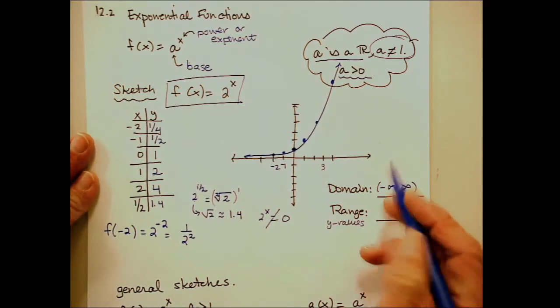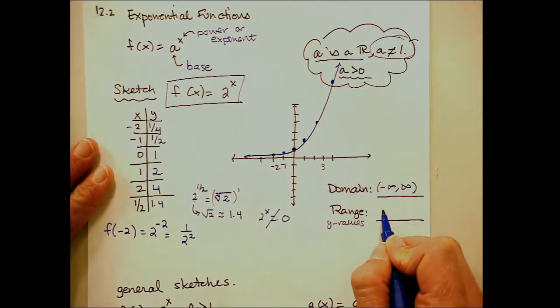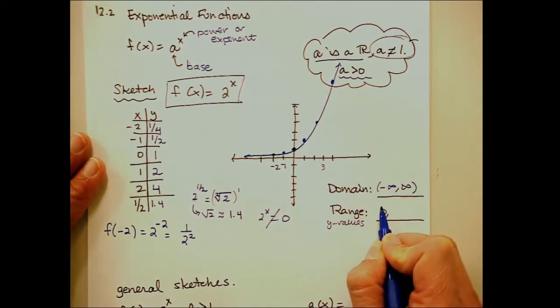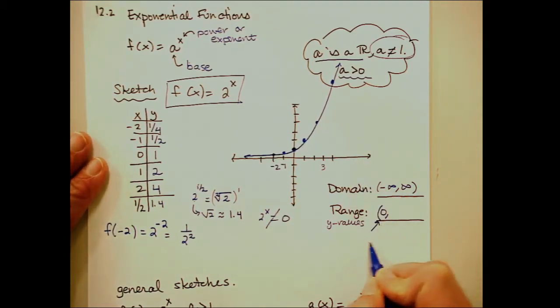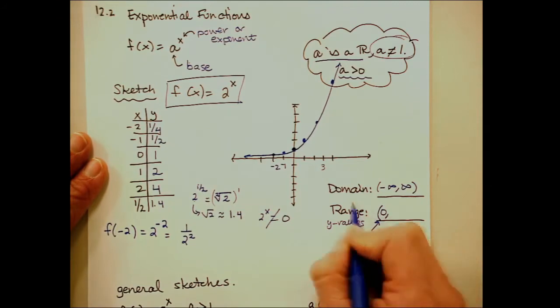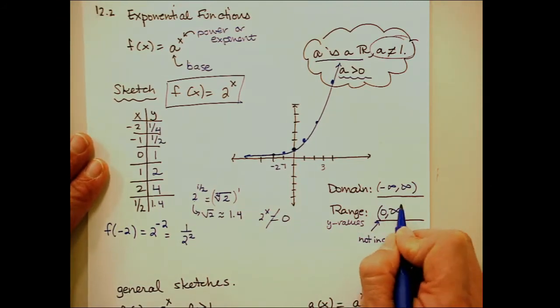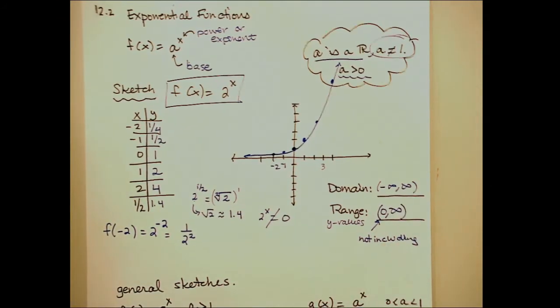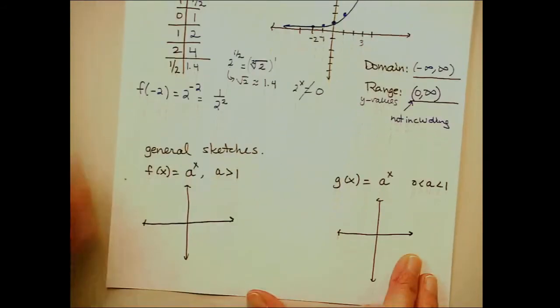In fact, I don't even have 0. But when we write it, we do start at 0, but we put a parenthesis that says not including. And then my y values go on forever, to infinity.